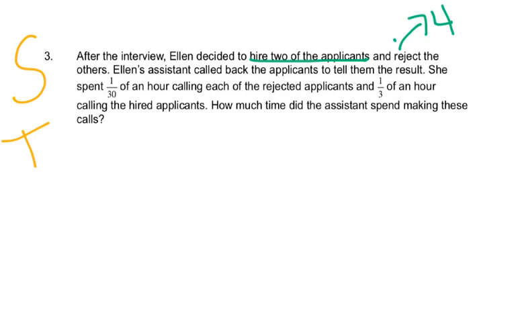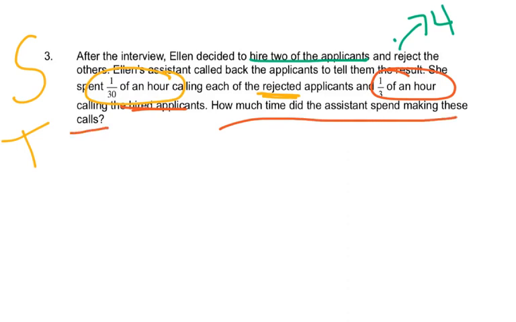She spent 1/30 of an hour calling each of the rejected ones. That's important. And she spent 1/3 of an hour calling the hired applicants. And then our question is, how much time did the assistant spend making these calls?